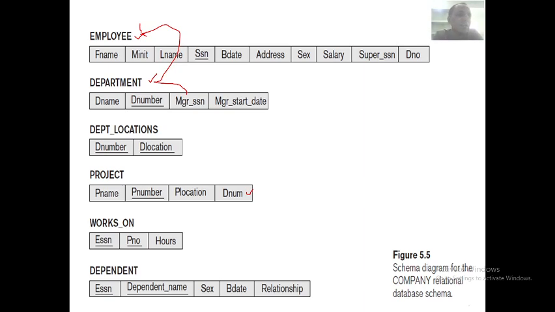Example, in department locations, D number and D locations are underlined, so these two together are the primary key. In works on, ESSN and project number together are the primary key. In the dependent table, ESSN and department name together are the primary key, and only ESSN is a foreign key.